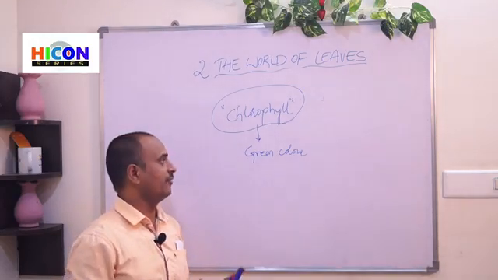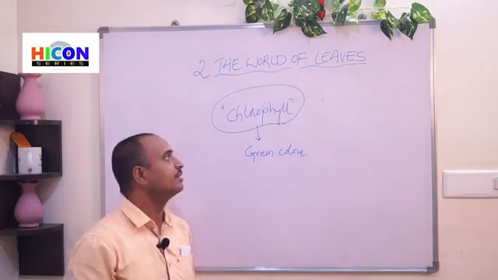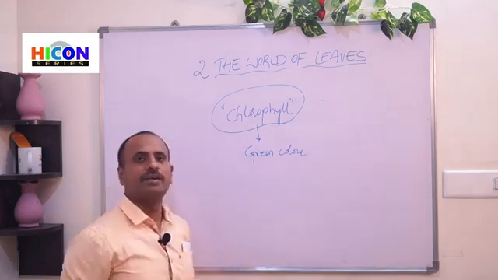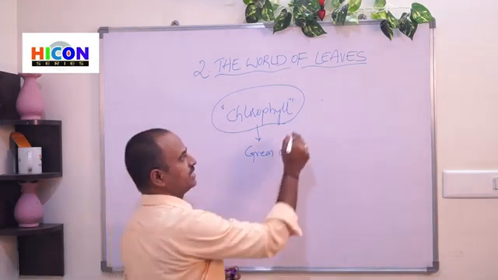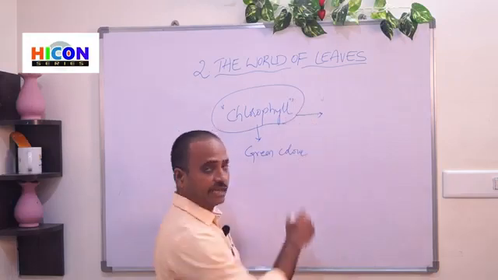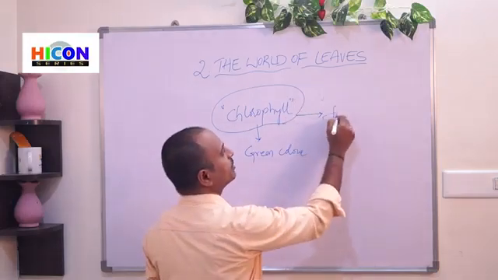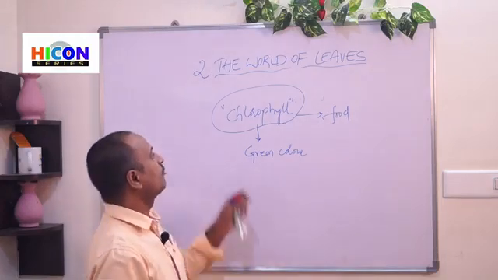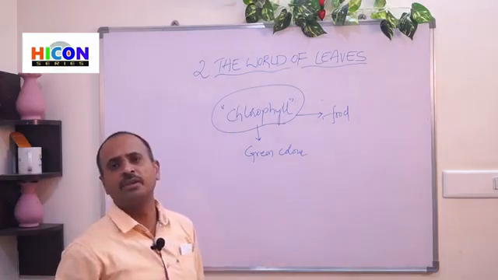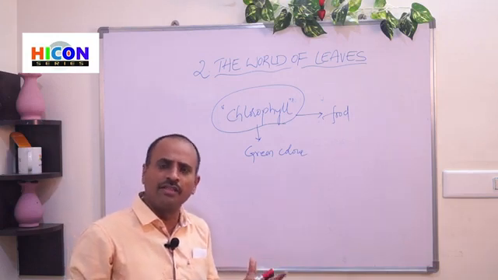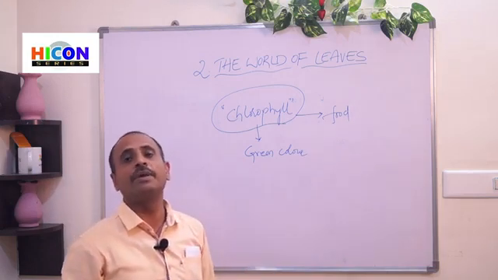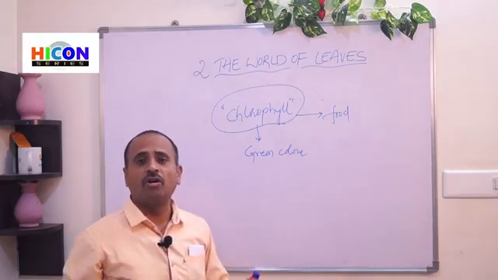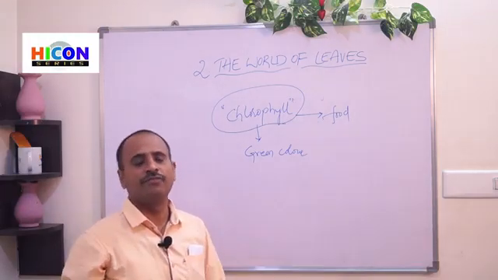So the reason for the green color of the leaves is chlorophyll, which is a green color pigment. And this chlorophyll is very helpful to the leaves to prepare their food. All leaves prepare food with the help of the chlorophyll present in them. If there is no chlorophyll in their leaves, the leaves cannot prepare their food. That's why a tree requires a lot of leaves for their food.